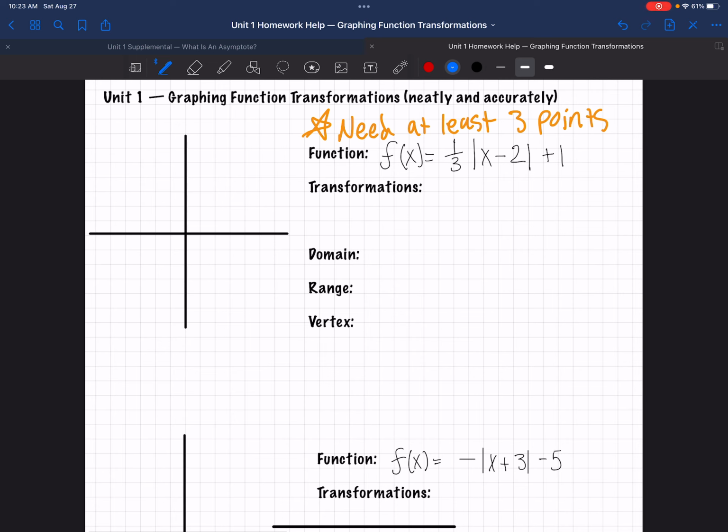The only exceptions I'm going to give to this right now are rational and log, and maybe even exponential, because we use the asymptotes to draw our curve more than we use points.